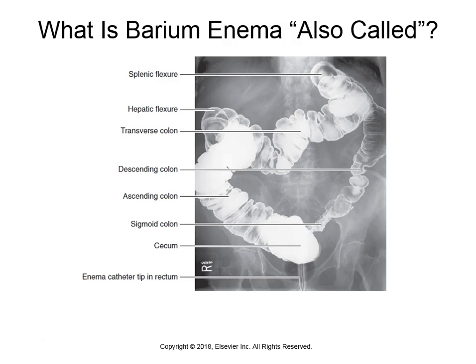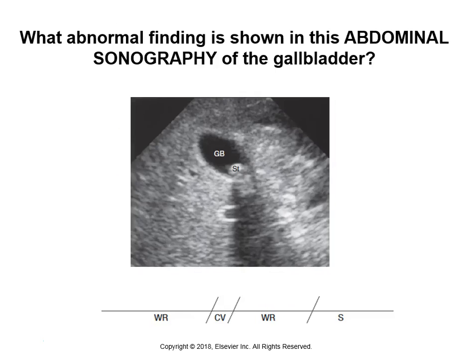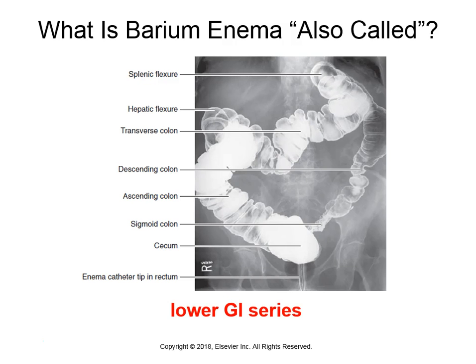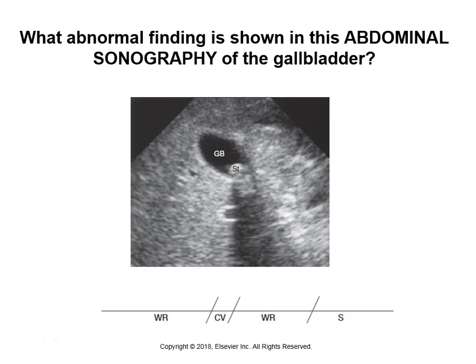What is a barium enema also called? Lower GI series. You can see by the brightness that contrast is due to the barium, that contrast media, but you can get a really good idea of what the large intestine's looking like. Abnormal finding is shown in this abdominal sonography.